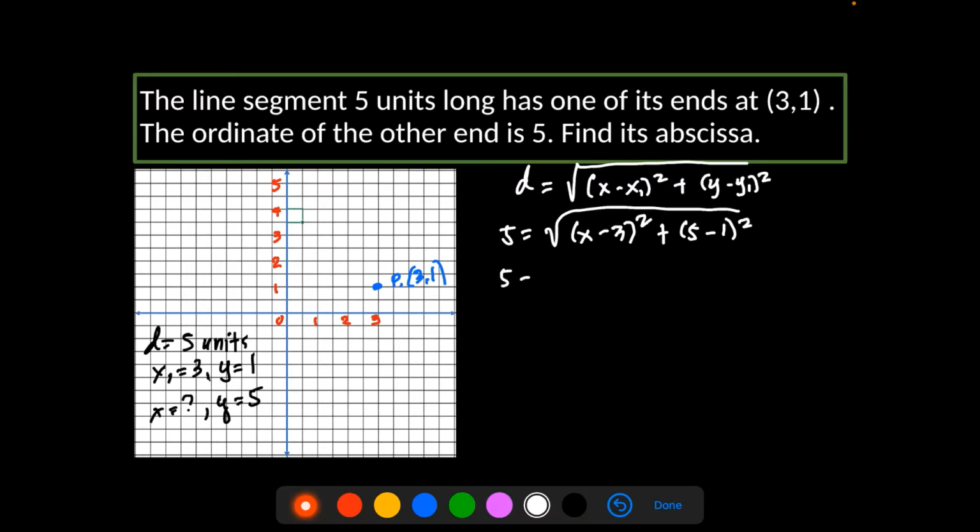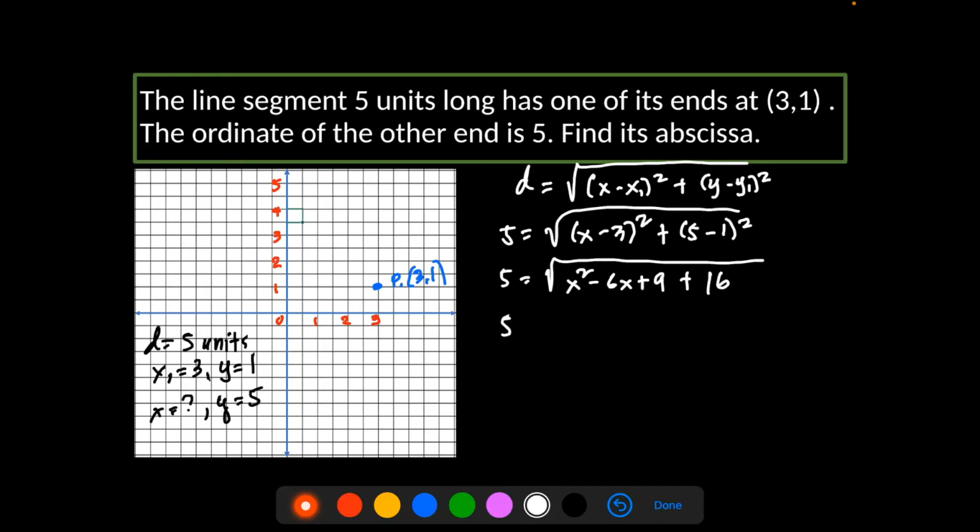So this will give us 5 equals, simplifying, the square root of x squared minus 6x plus 9 plus 4 squared, that is 16.